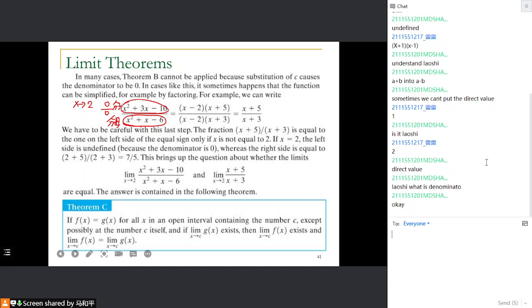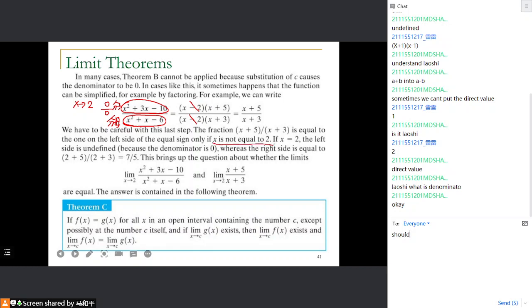Okay, by factoring, cancel, x plus 5 or x minus 3. We have to be careful with this last step. The fraction is equal to the one on the left side of the equal sign only if x is not equal to 2.